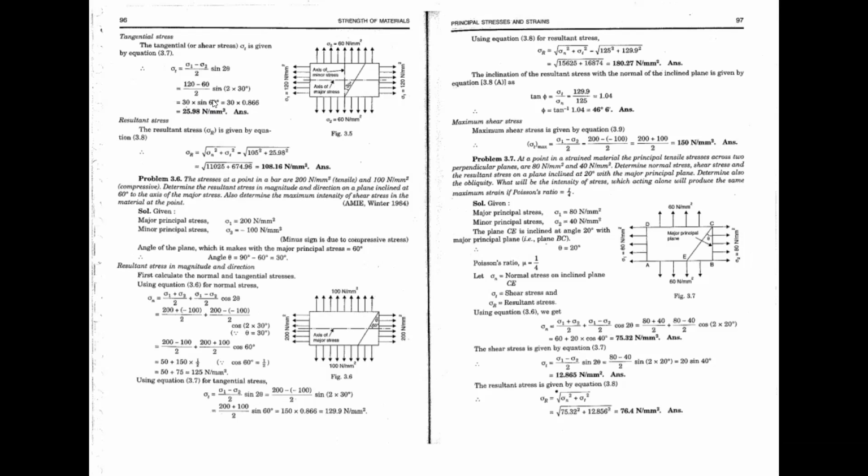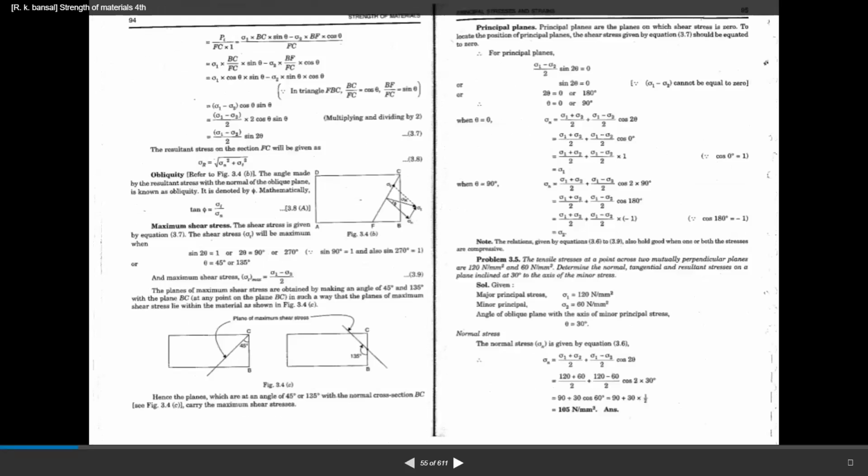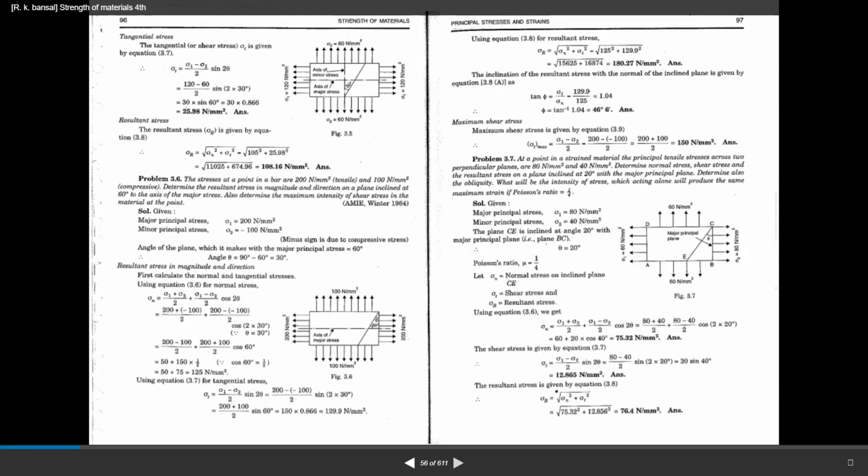Next, the last one, resultant stress. The resultant stress is sigma r. Already, in the derivation part, we derived the formula: sigma r equal to root of sigma n square plus sigma t square. This is the resultant stress, the tangential and normal stresses combined, calculated from equation 3.8. Substitute the sigma n value 105 and the sigma t value 25.98 Newton per mm square.